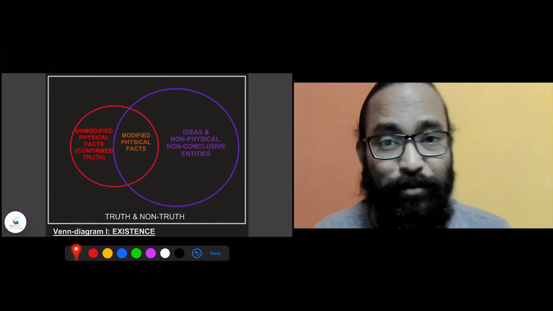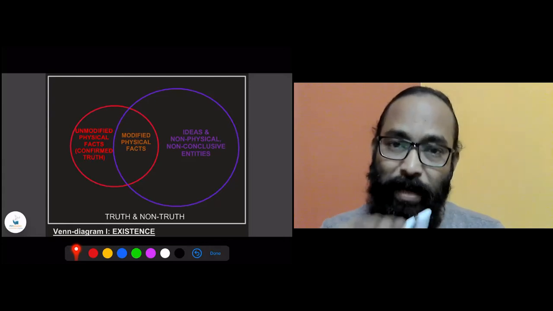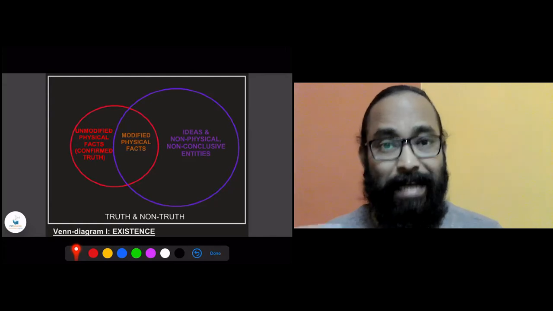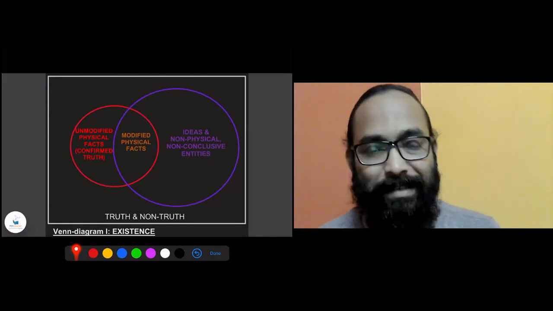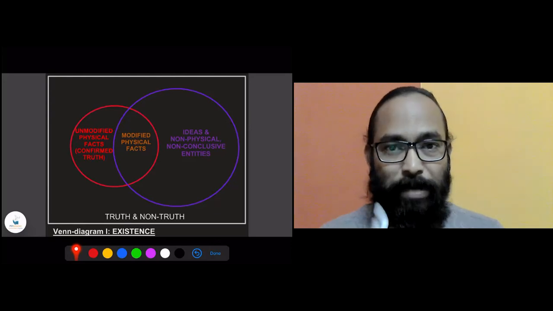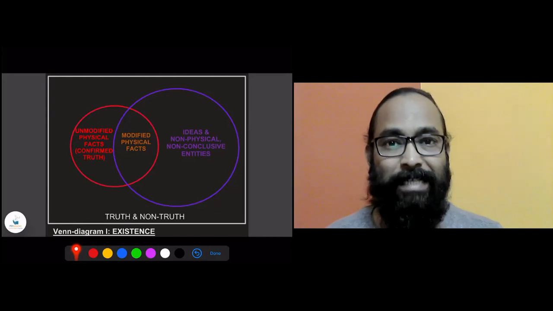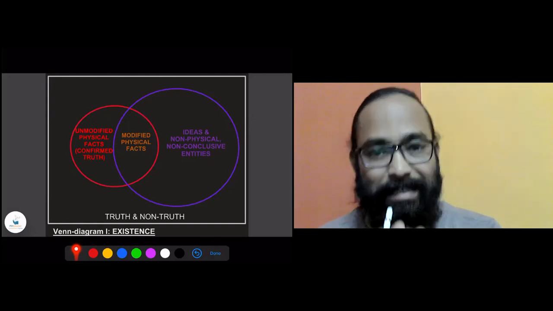Now here we need to understand, in the mango jam, we have mango as the tendency based unmodified physical fact. Along with that, there is a mixture of idea. Nonetheless, there are chemicals and all, but chemicals are mixed out of ideas, right? So modified physical facts necessarily is a combination of facts and ideas.